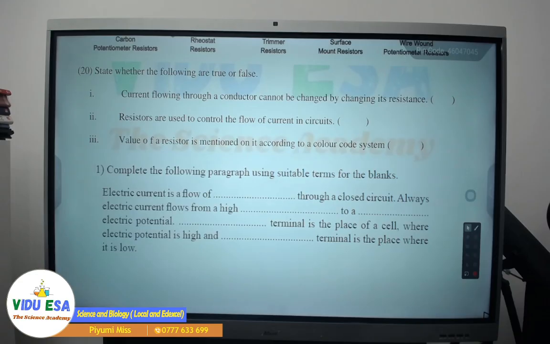You will need an iron nail or iron hacksaw blade of 2 inches, 2 meters of insulated copper wire of 32 SWG (standard wire gauge), 2 dry cells, sellotape, a piece of cardboard, and a few file clips.